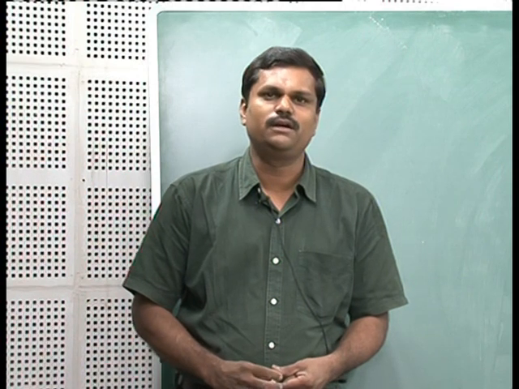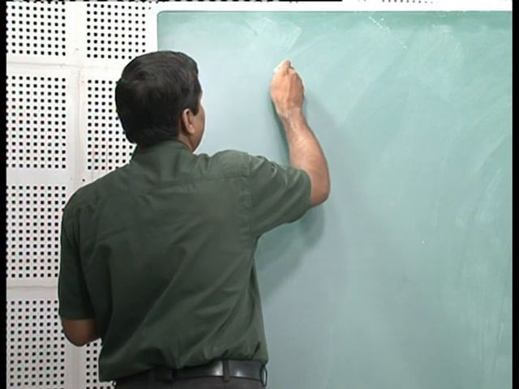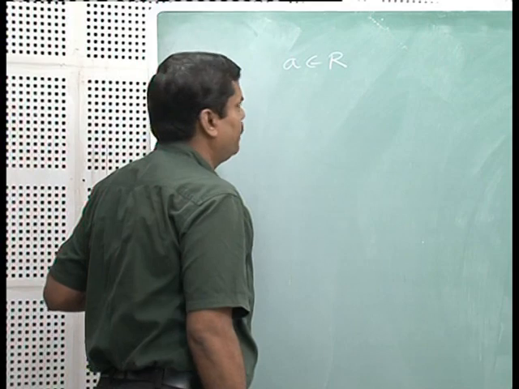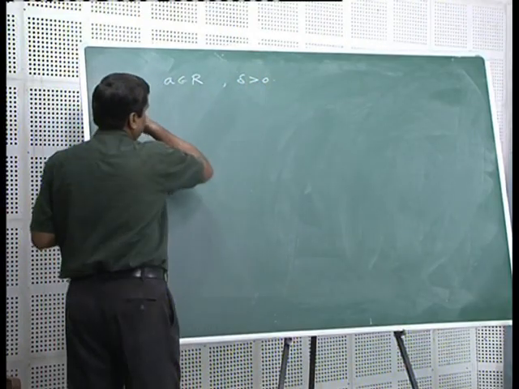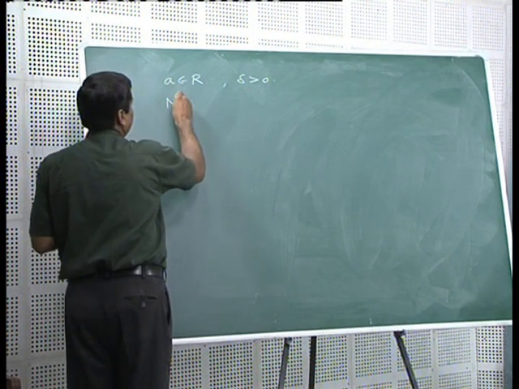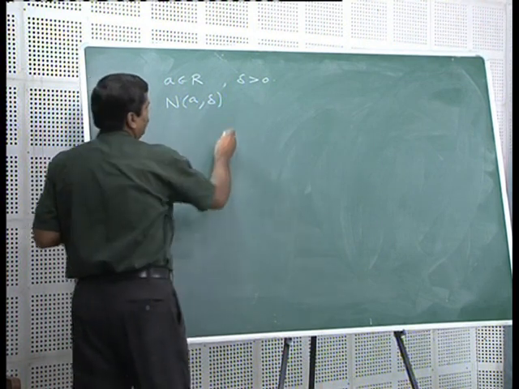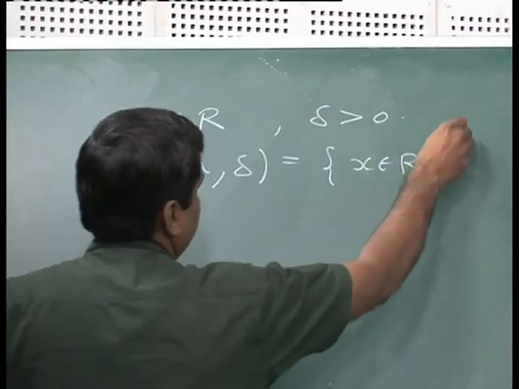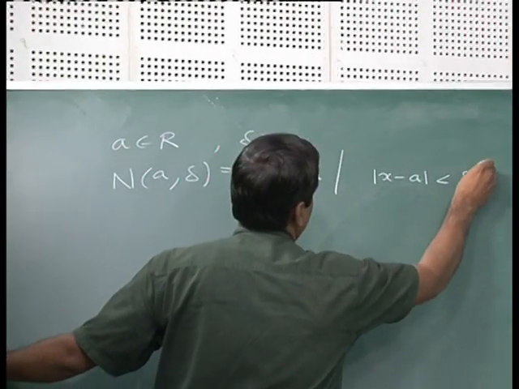Let us see the first thing about limit: the neighborhood in one variable. If A is a real number and delta is any positive real number, then the set denoted by N(A, delta) is defined as the set of all x belonging to R such that mod of x minus A is less than delta.